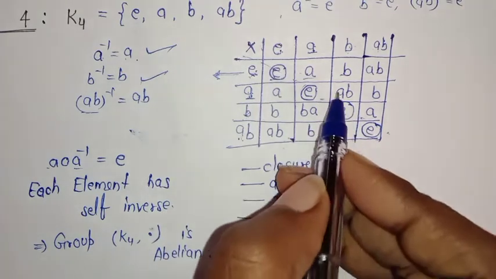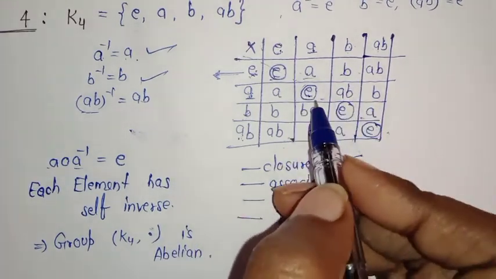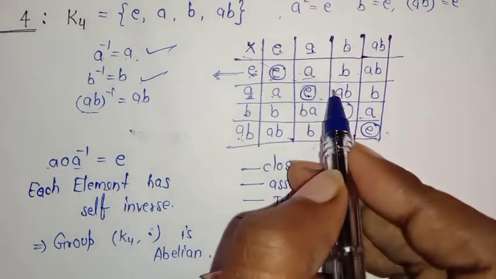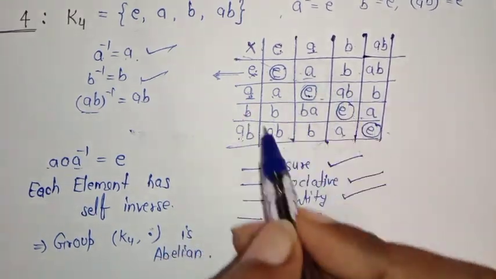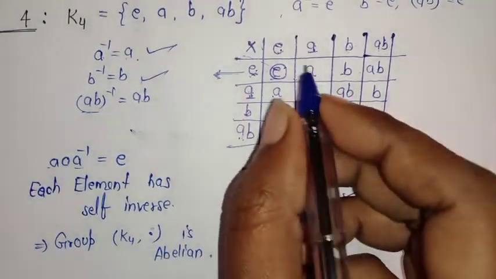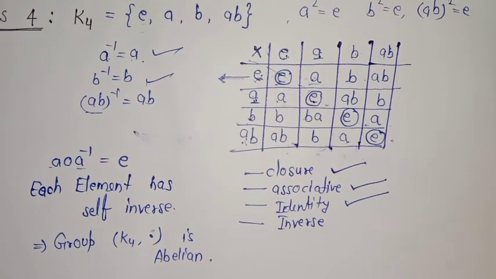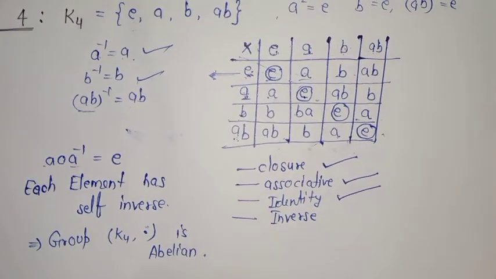The elements above the diagonal and below the diagonal are symmetric, that is A, B, A, B. So you can see these are symmetric. If this type of Cayley table is forming and the elements are symmetric, then we can say that the given group is abelian.